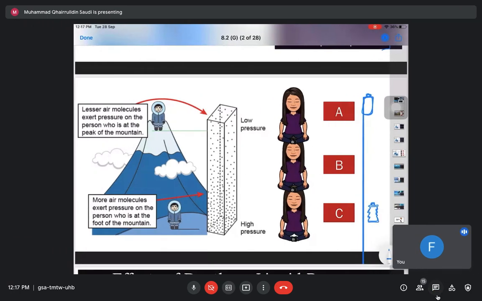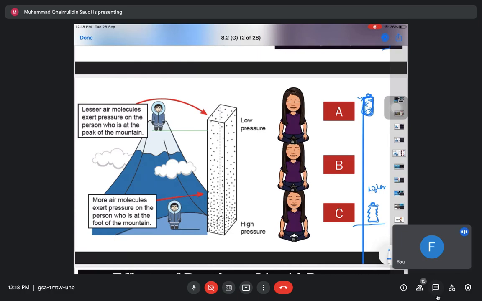Thank you. So when the empty bottle is at the higher altitude, nothing happens to it because the pressure outside is equal to the pressure inside. But when the empty bottle reaches the ground, the atmospheric pressure at the ground is higher than the atmospheric pressure at the higher altitude.